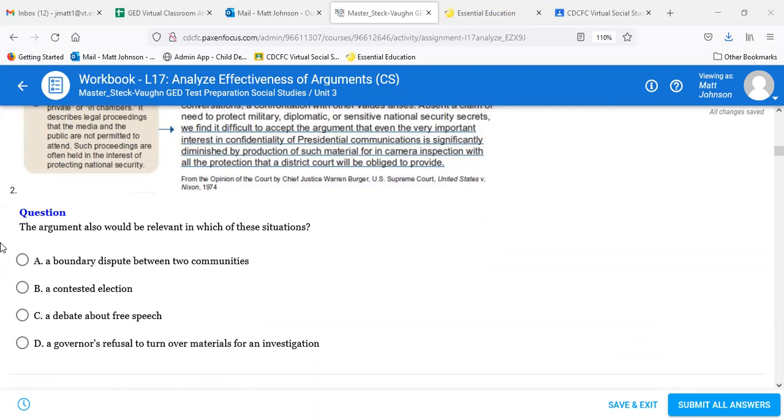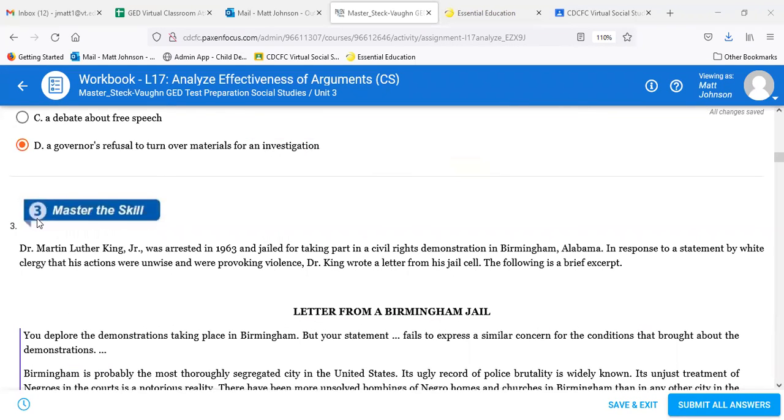And D, a governor's refusal to turn over materials for an investigation. Is it D? Yeah, right. Very similar. Governor's refusal to turn over materials. That's exactly what was happening here. Richard Nixon was not turning over materials to be evaluated for a court case. So D is for 2.